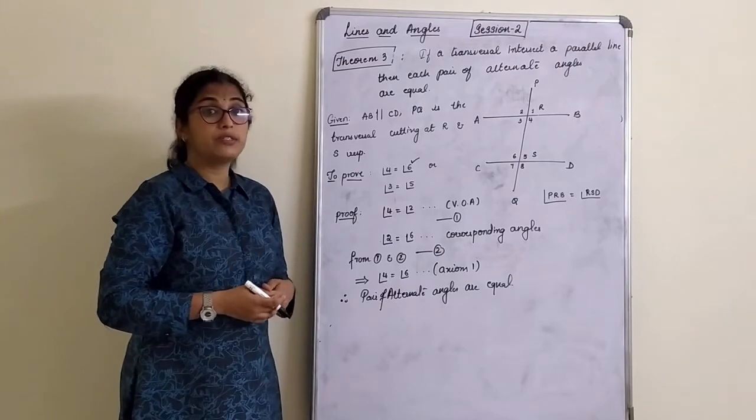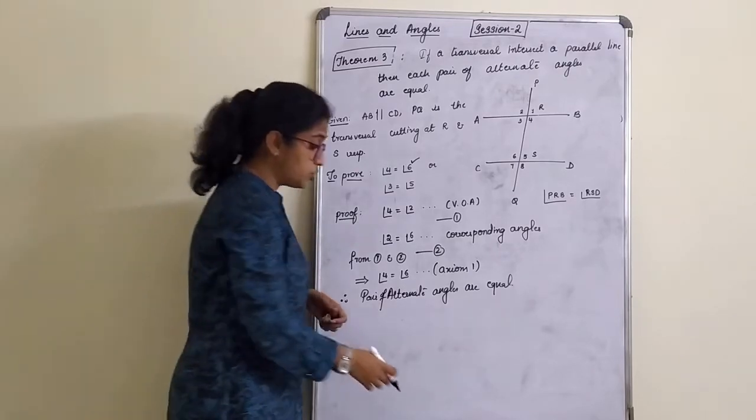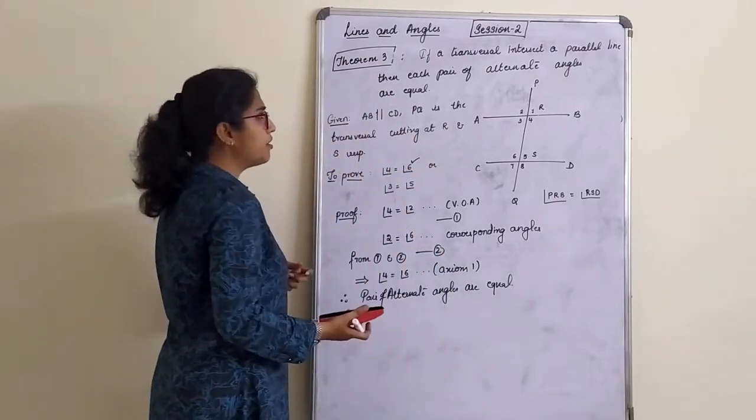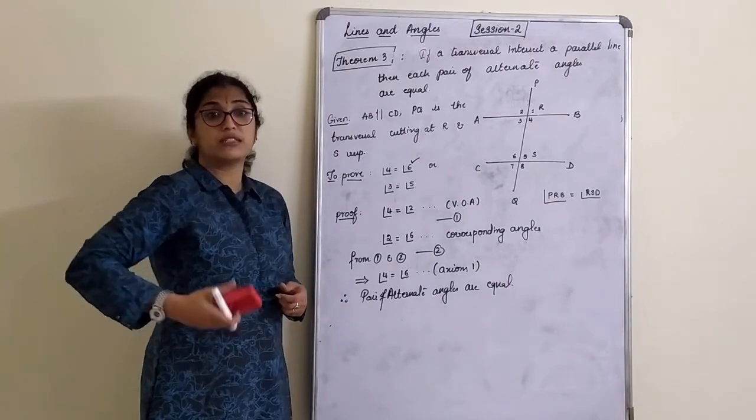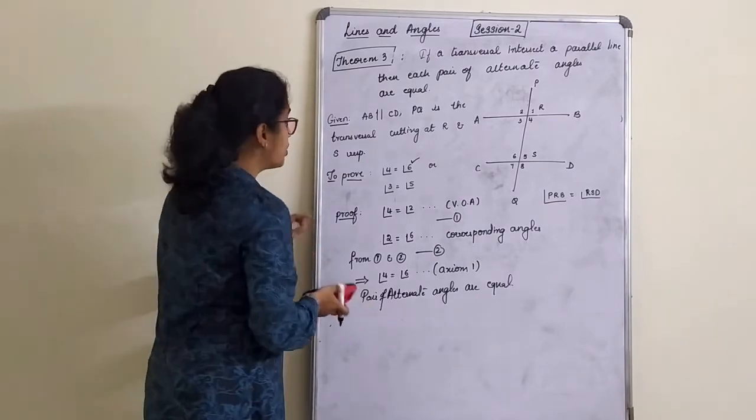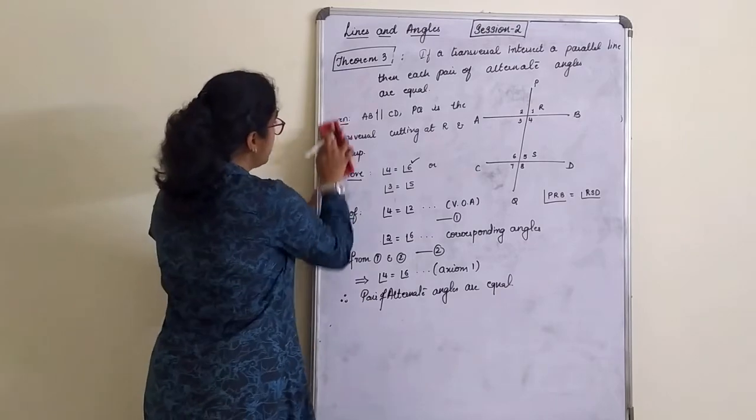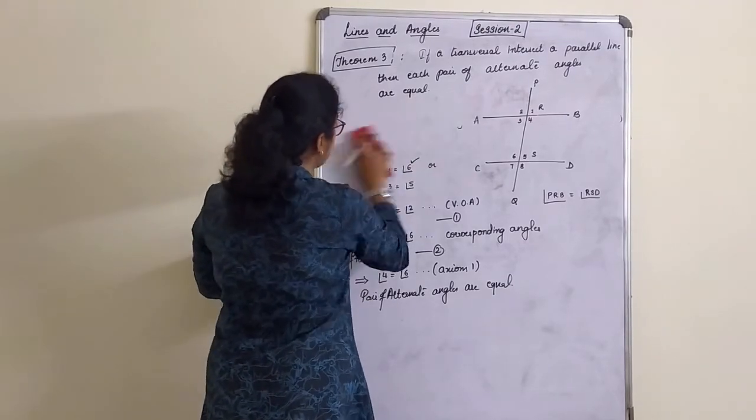So now what we will do is, let us write the converse of these two theorems. For the converse we need not prove, but we sometimes use the converse in the sums we solve. So the two theorems you have to write, theorem 2 and theorem 3.